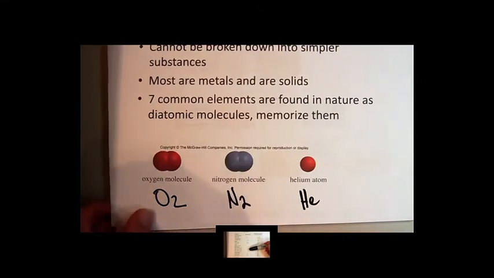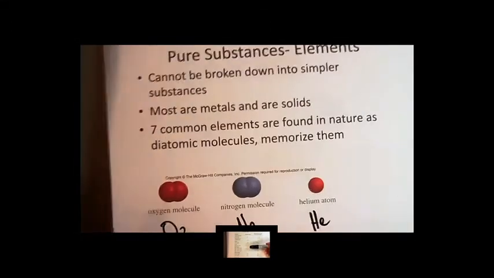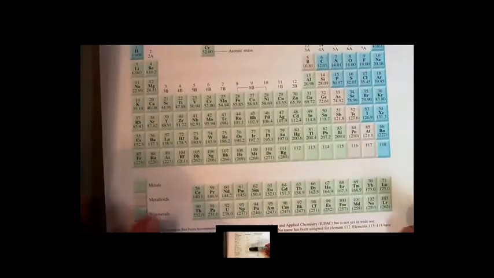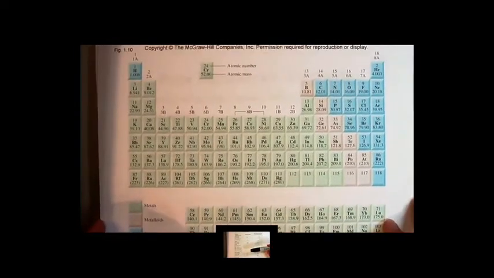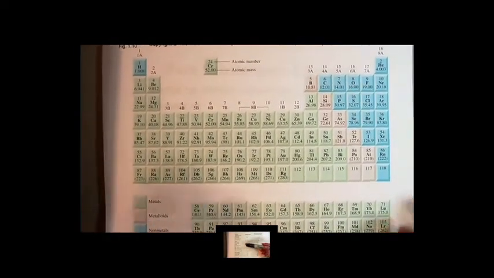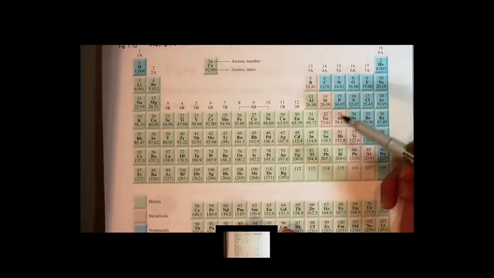And I mentioned that there are 7. Here's a periodic table. The 7 elements that exist in nature as diatomic molecules, you have to memorize. There's not a lot in this class that you have to memorize, but this you sort of do. And I'll tell you, there's an easy way.